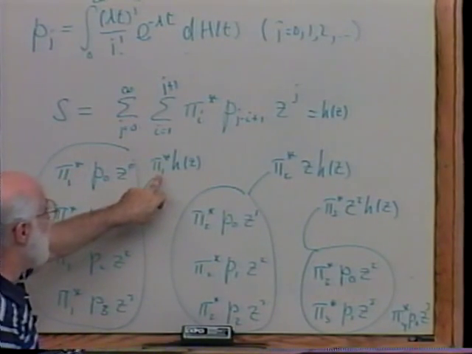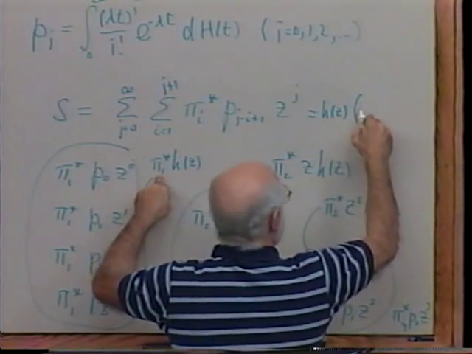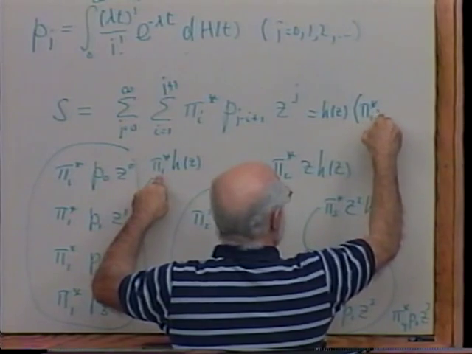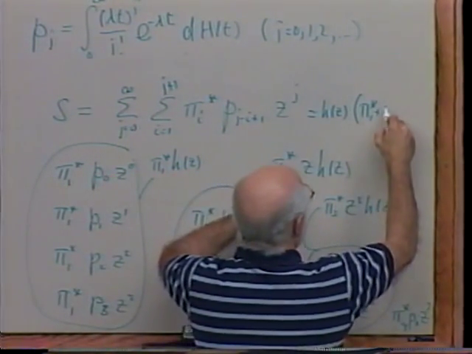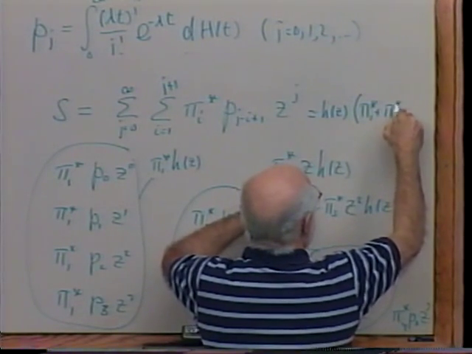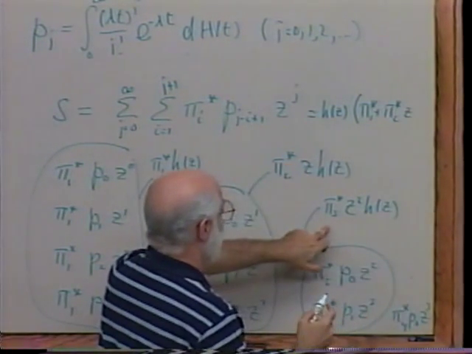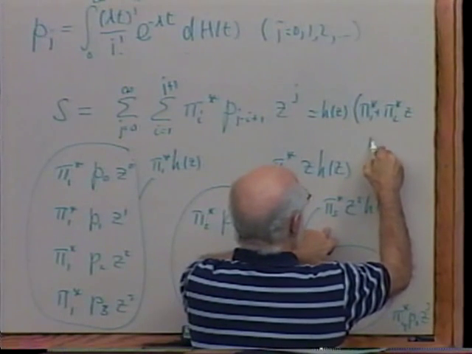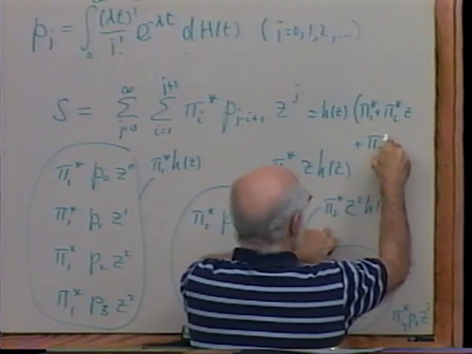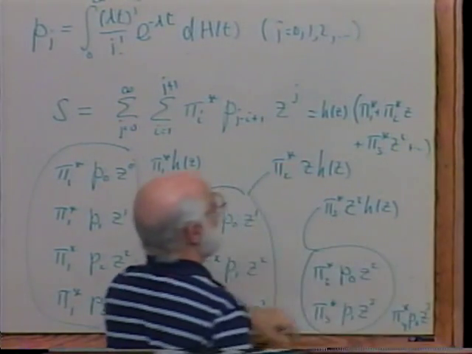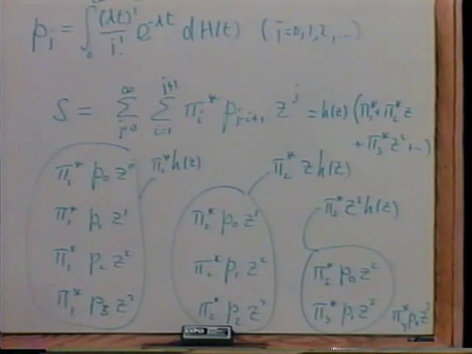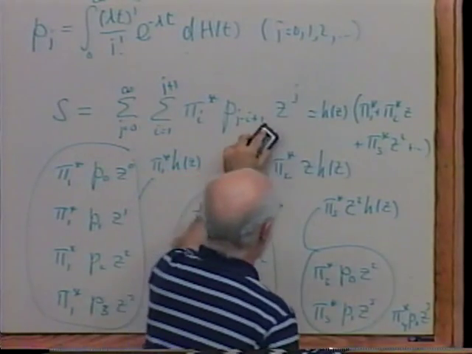And then I'm left with pi 1 star plus z times pi 2 star, and the next term is pi 3 star z squared, and so on. Okay, so this is beginning to look good. Let me give myself some more space here.